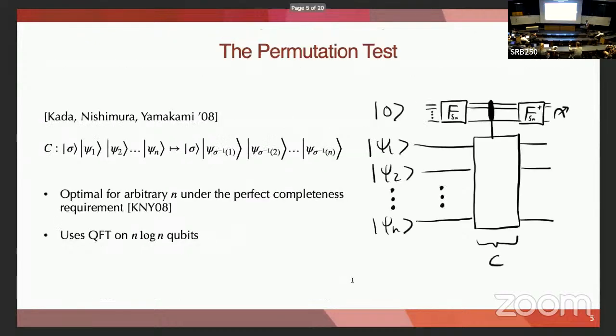Okay. And this brings me back to an earlier work, which influenced our current work the most: the paper by Kada, Nishimura, and Yamakami from 2008. They generalized the optimality result for the swap test. They showed that a generalization of the swap test, when we have n qubit states, is also optimal under the perfect completeness requirement.